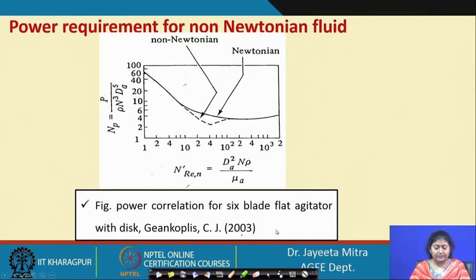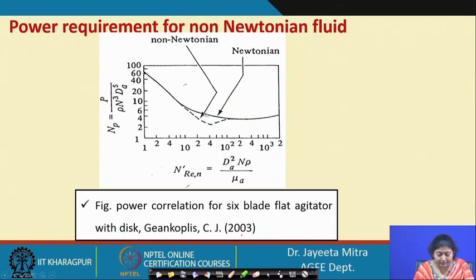So, here we can see that for power requirement of non-Newtonian fluid, we have the Reynolds number with respect to the apparent viscosity, and here we have the power number P by rho into N cube into dA to the power 5. If we see the difference between Newtonian and non-Newtonian, in the viscous region there is not much effect.